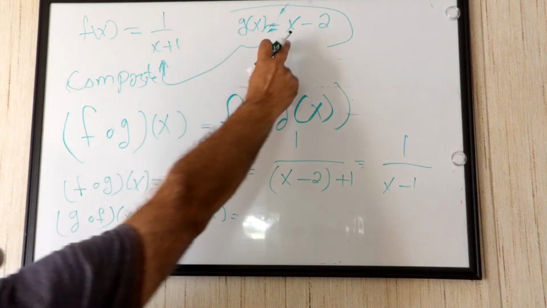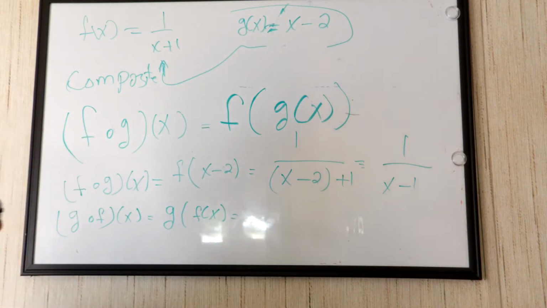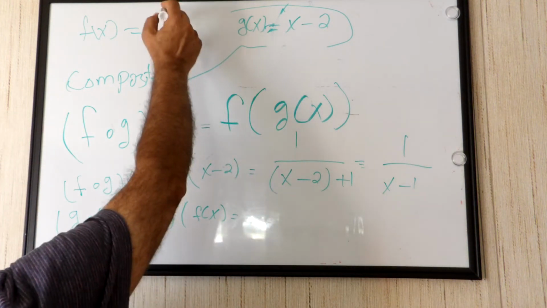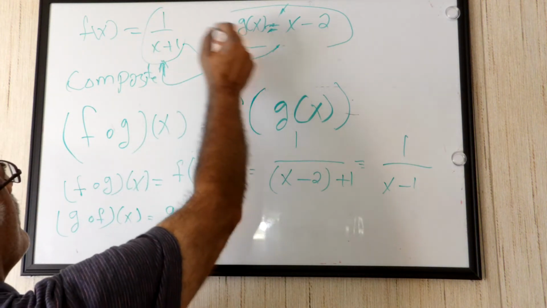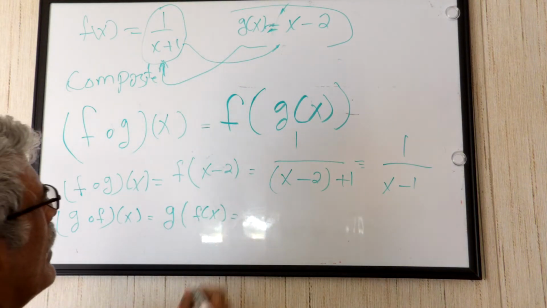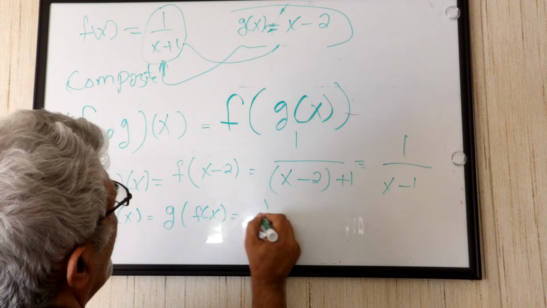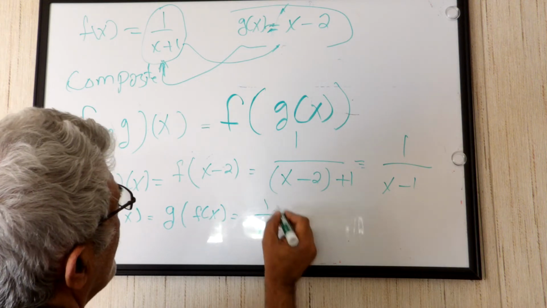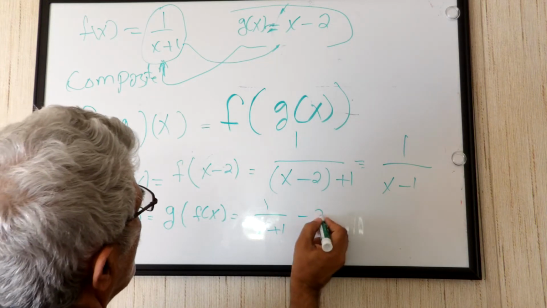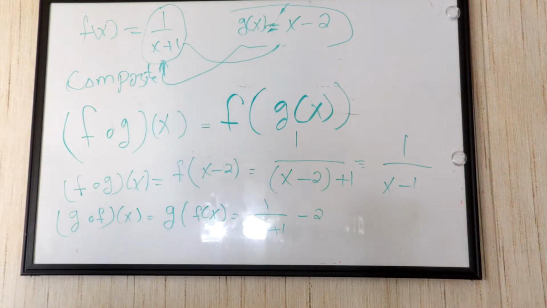Within g, we put the x value. This is going to be the x value for this x. So it's going to be 1 over x plus 1, and instead of x, we put this one, minus 2.